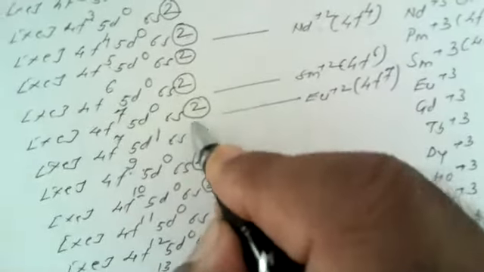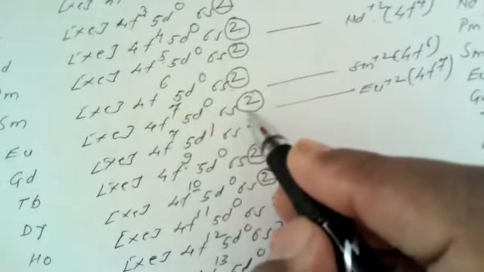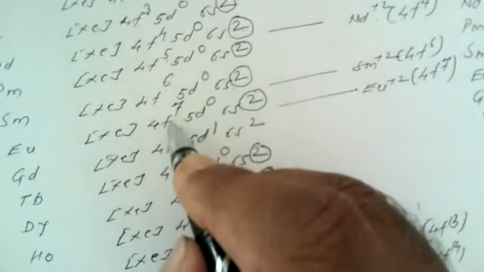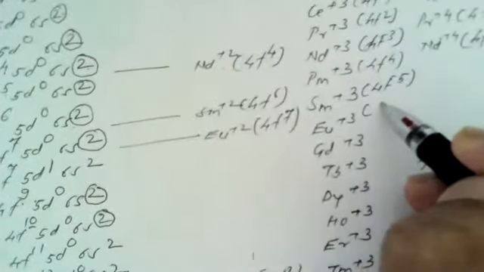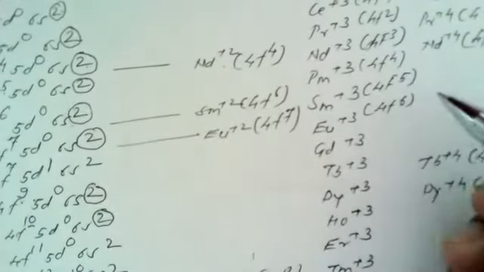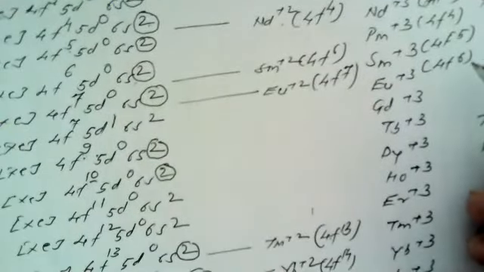This is the electron configuration of europium. 2 electrons from 6s and 1 electron from 4f is lost. The remaining electrons will be 6. So we can write this as 4f6. So for europium it becomes 4f6.